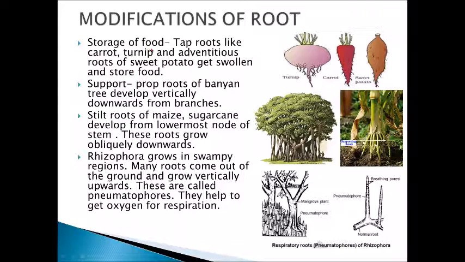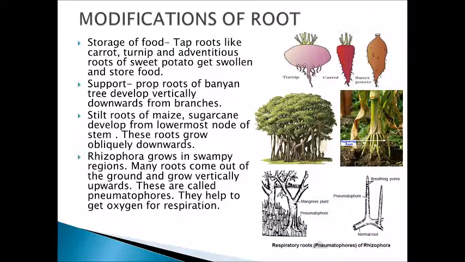In this, taproots like carrot and turnip and adventitious roots of sweet potato get swollen and store food material. Radish and beetroot are also examples of taproots which store food.